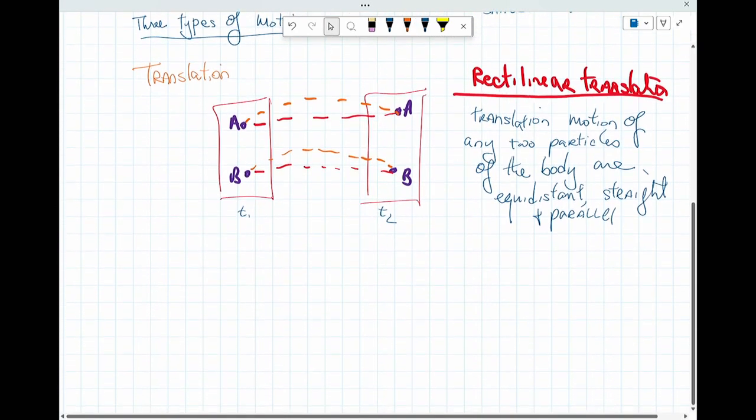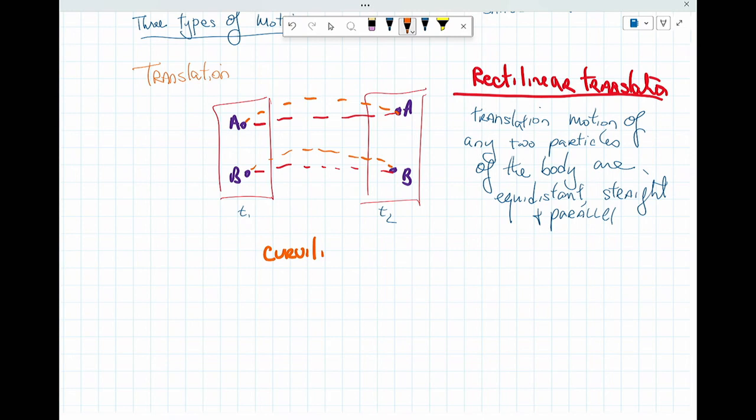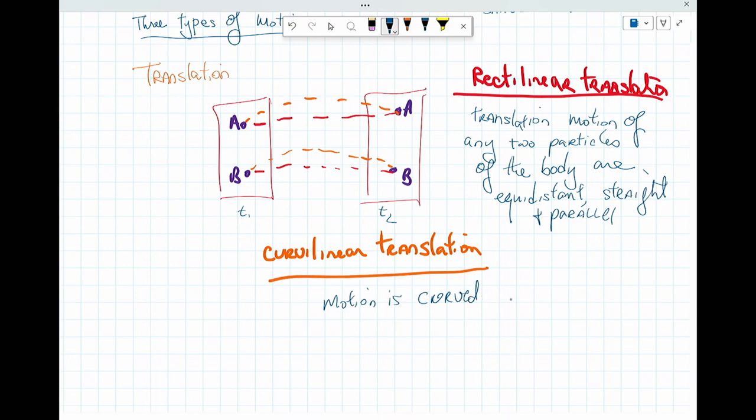And here, the motion is curved equidistant paths, which means, again, the particle travels along a curved path, but the orientation of the plate, or whatever mass I'm looking at, doesn't change.